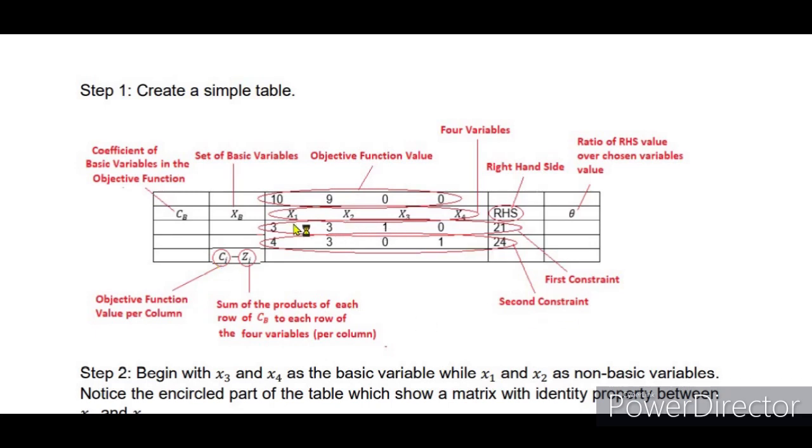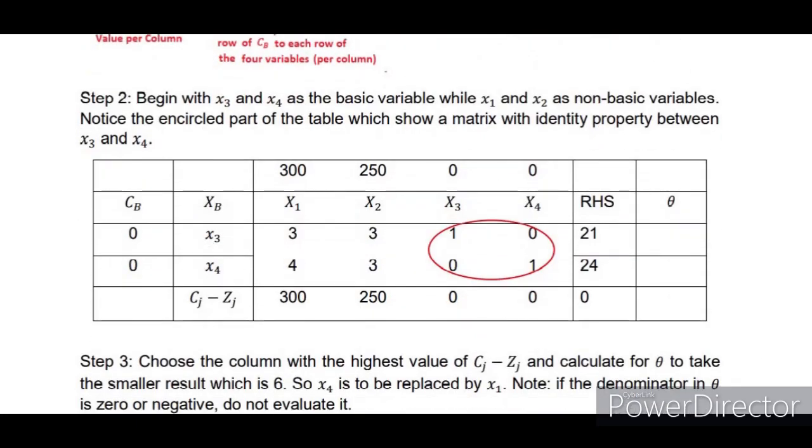So the first, or 1, 2, 3, the third row is the first constraint, and the fourth row is the second constraint. So after creating a simplex table, for step number 2, we begin with x sub 3 and x sub 4 as the basic variables, while x sub 1 and x sub 2 are non-basic variables.